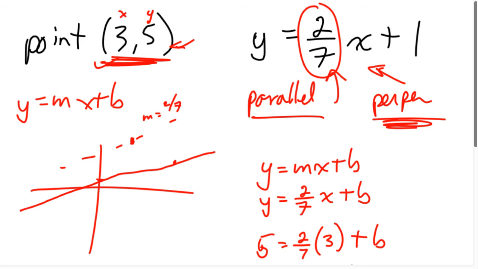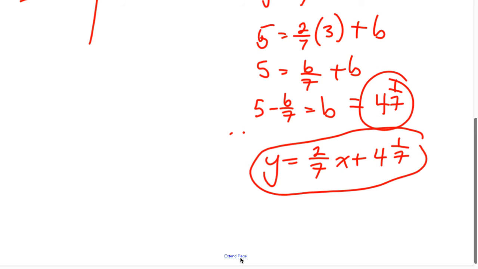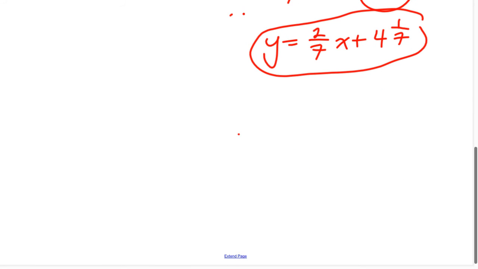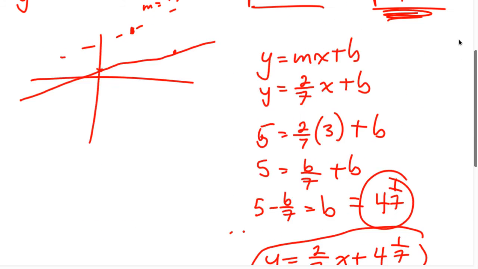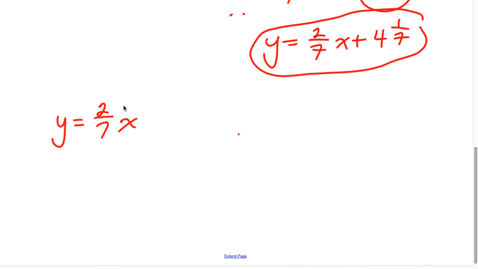Now for the second part where it says it's perpendicular to this line, you're going to have the same thing. Let me write it down over here. So you'd have y equals 2 7ths x plus 1. And my point is 3, 5.